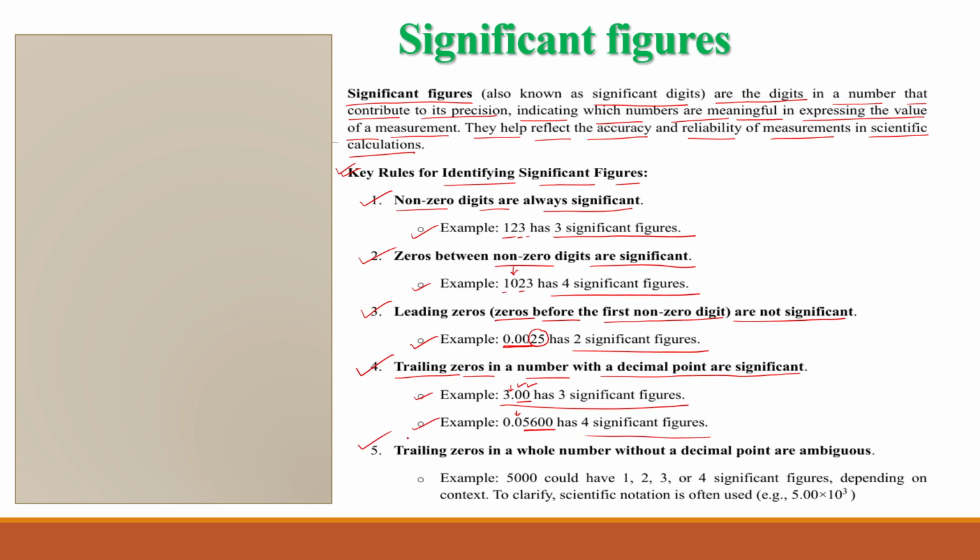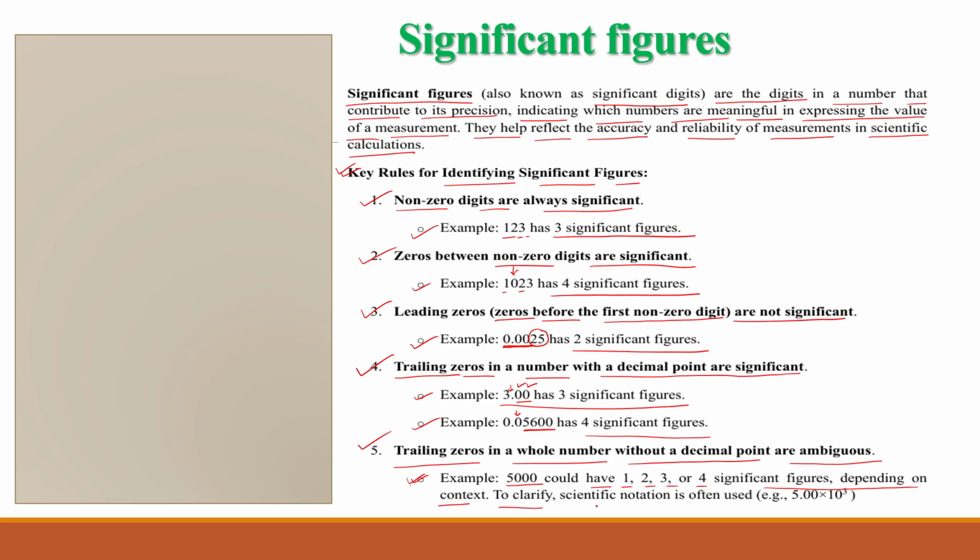Next, the fifth one. Trailing zeros in a whole number without a decimal point are ambiguous. 5,000 could have 1, 2, 3 or 4 significant figures depending on the context.